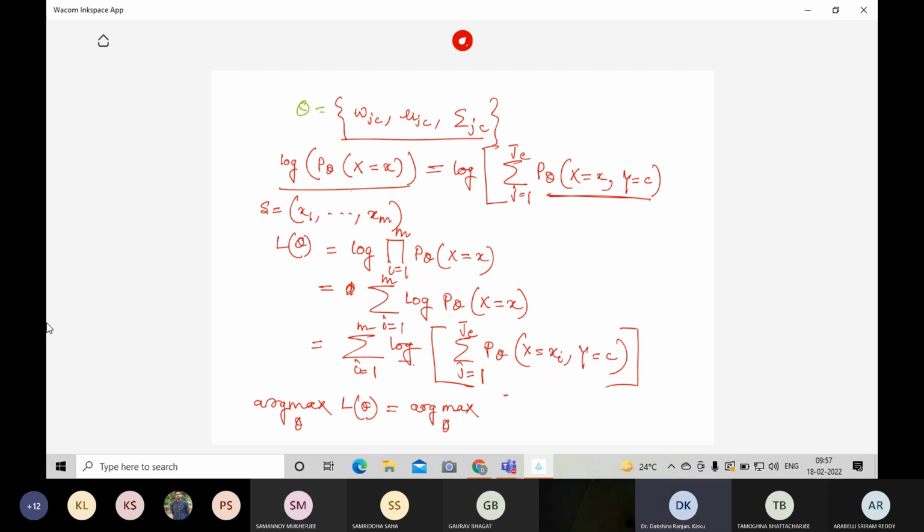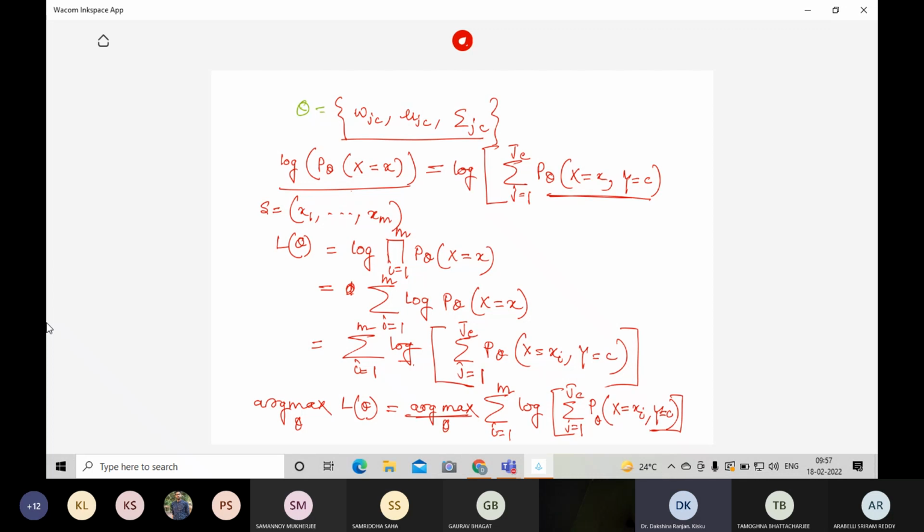So we can write argmax over theta of L of theta, which is given by argmax over theta, summation i equals 1 to m, log of the same derivation that we have obtained in the previous step: summation over j equals 1 to Jc of the joint distribution, which is parameterized by theta, x equals xi, comma y equals c.